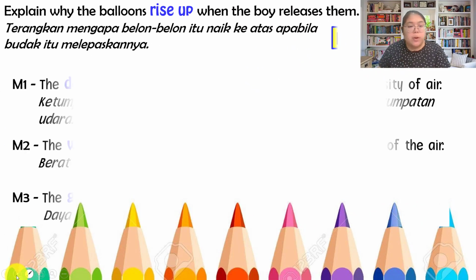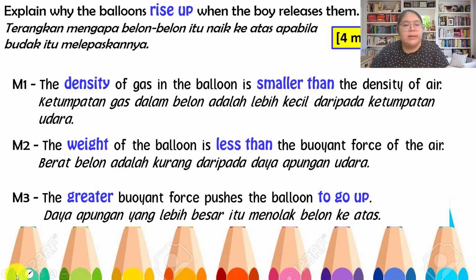Okay, let's see the first point. The density of the gas in the balloon is smaller than the density of the air. Inside is less dense, outside is denser. Number 2, the weight of the balloon is less than the buoyant force of the air. After density, we're talking about the weight.